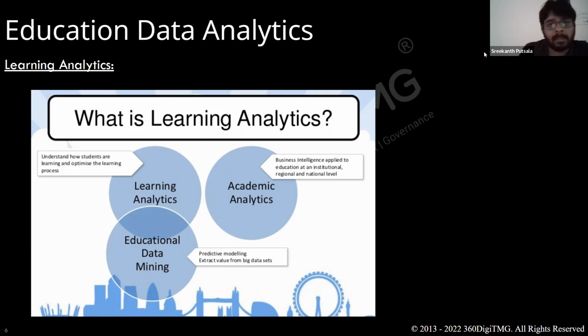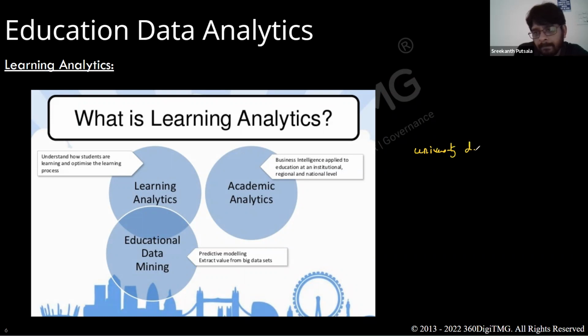For example, when we look into the data, the data may include university data. Usually we have different grants. These grants may be related to the university.